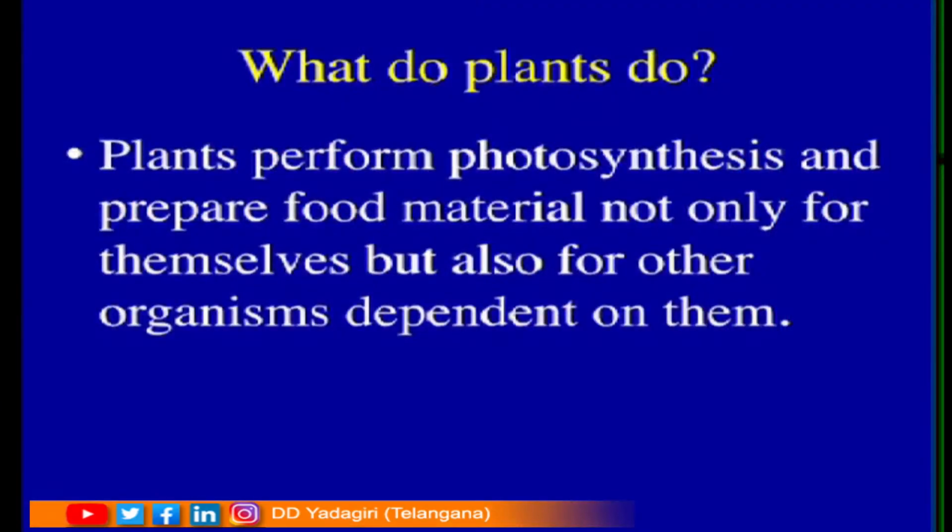Children, here I have a question which you have learnt in your lower classes. What is the important function of a plant? Can you tell me? Yes, plants perform photosynthesis and prepare food material not only for themselves but also for the other organisms dependent on them. So, it is a very important function which a plant does.